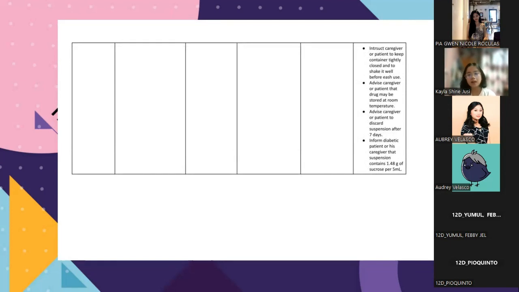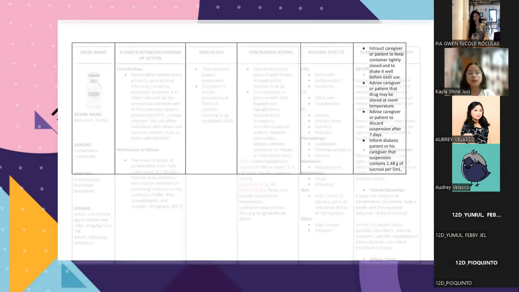And advise a caregiver or patient that the drug may be stored at room temperature, and advise the caregiver or the patient to discard suspension after 7 days. And also inform the diabetic patient or his caregiver that the suspension contains 1.48 grams of sucrose per 5 ml. So that's it.